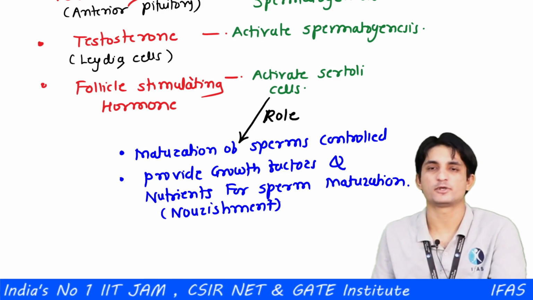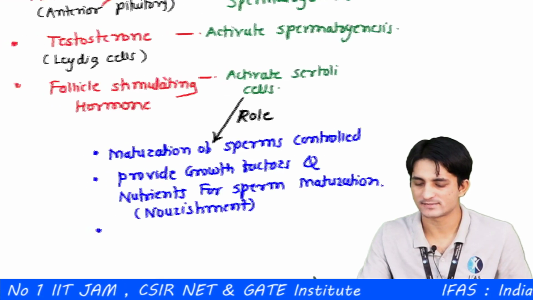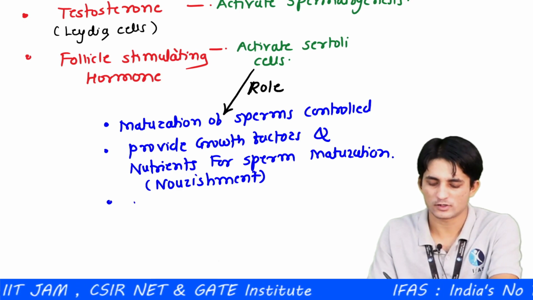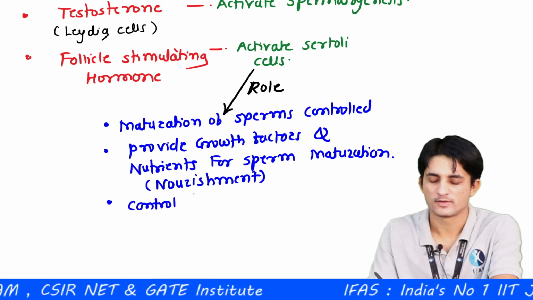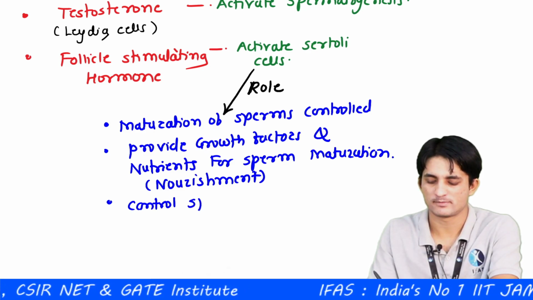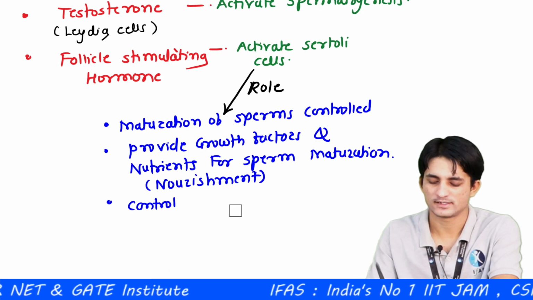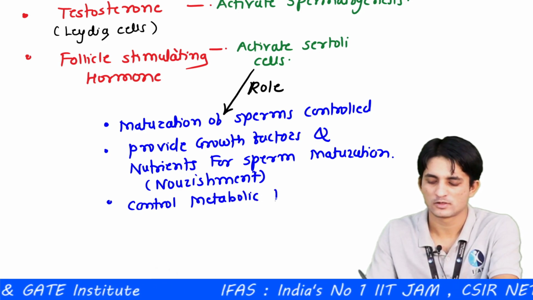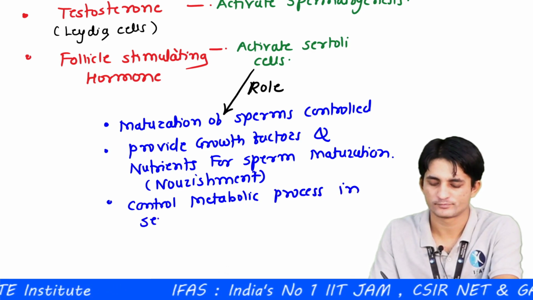So in spermatogenesis the major central role is played by the Sertoli cells, and they also control the sperm metabolic process in the seminiferous tubule.